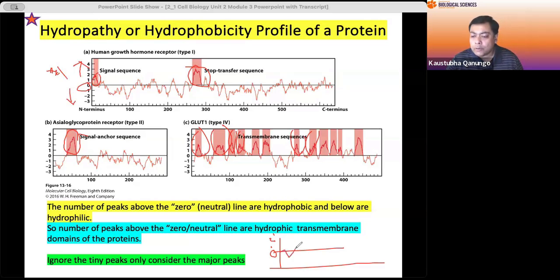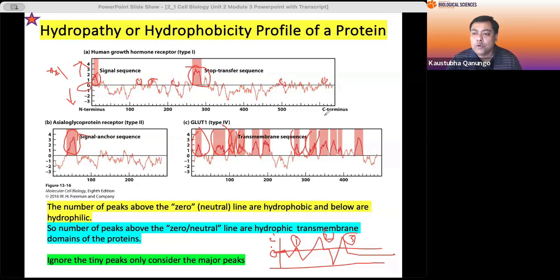So what you do, we can just give you something like this. You just only count the number 1, 2, and 3. If I just give you a graph like this and ask how many hydrophobic sequences this protein has, anything above the 0 line, you have 1, 2, and 3. So you have 3 hydrophobic sequences. And see that here you have these tiny ones which are omitted because they are not really very steep.